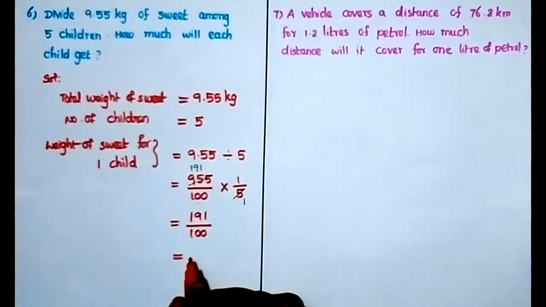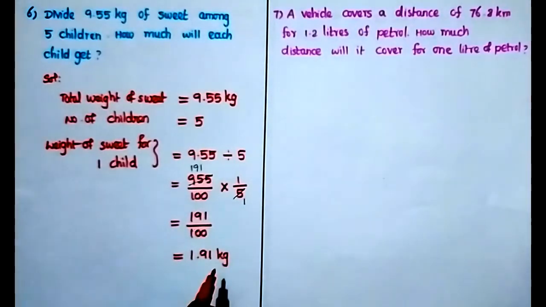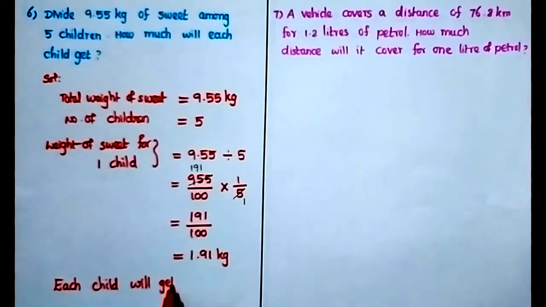What is the answer? 1.91 kilogram of sweet each child gets. So answer, each child will get 1.91 kg sweet. That is the answer.